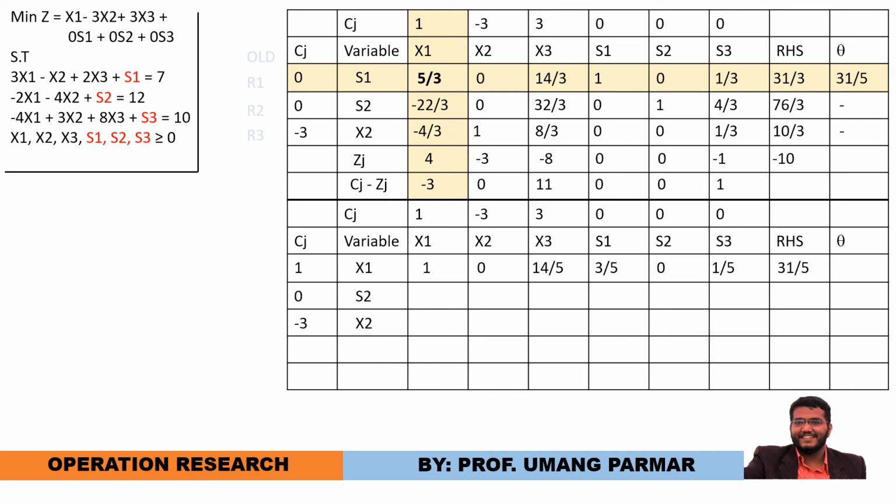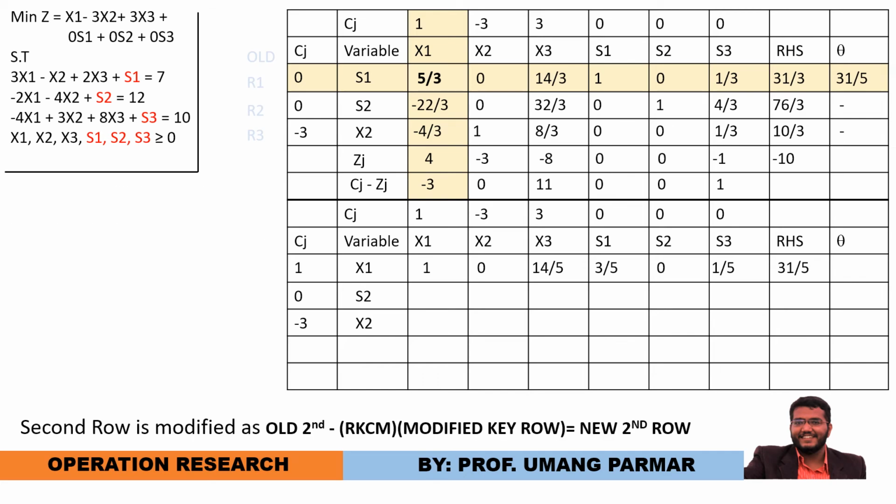Now we are going for the second row modification. In the second row modification, our equation is: old second row minus the respective key column member multiplied by the modified key row, and we get the new second row.